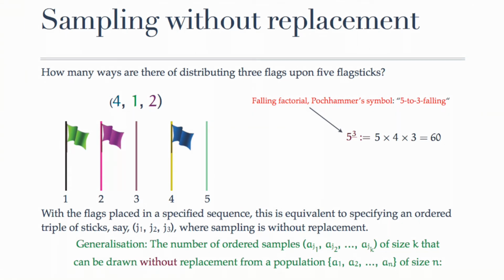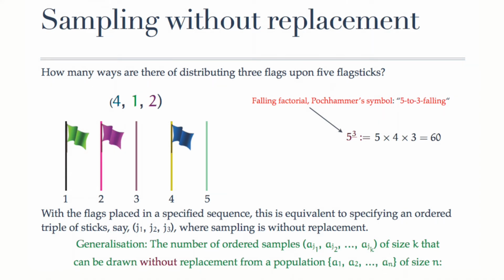We have an ordered sample of size k. How many are there? Well, the first number can be specified in n ways. Having specified one number, that particular flagstick is eschewed. You have to select from the remaining n minus 1 flagsticks for the next number, and then from the remaining n minus 2 for the number after that, and you go on through k terms.